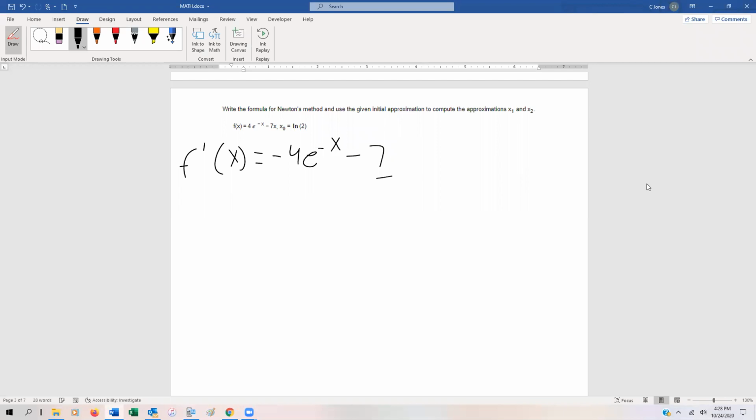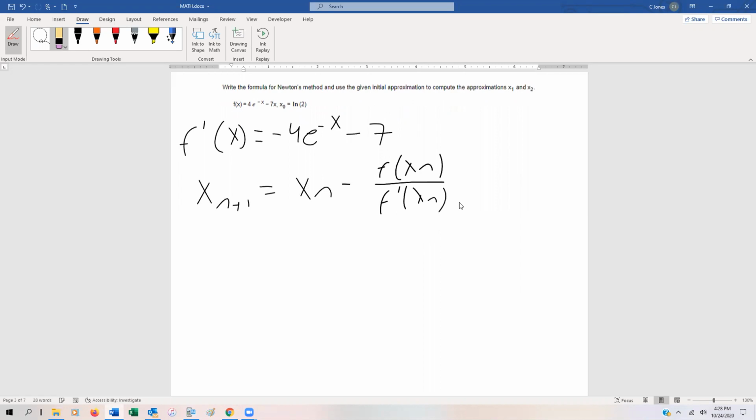If we remember Newton's method, and I'm going to write it up just because it's the first time we've seen it, x sub n plus 1 is equal to x sub n minus f of x sub n divided by f prime of x sub n. If we use Newton's method, then what we can do is just use the original function, use the derivative, and just substitute x sub n wherever we see an x.